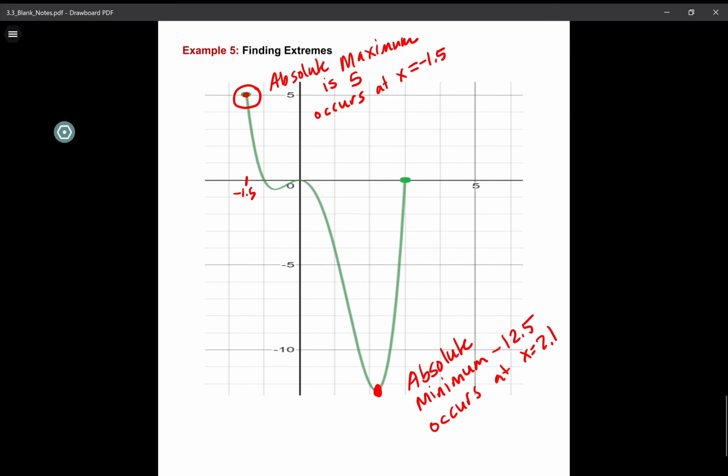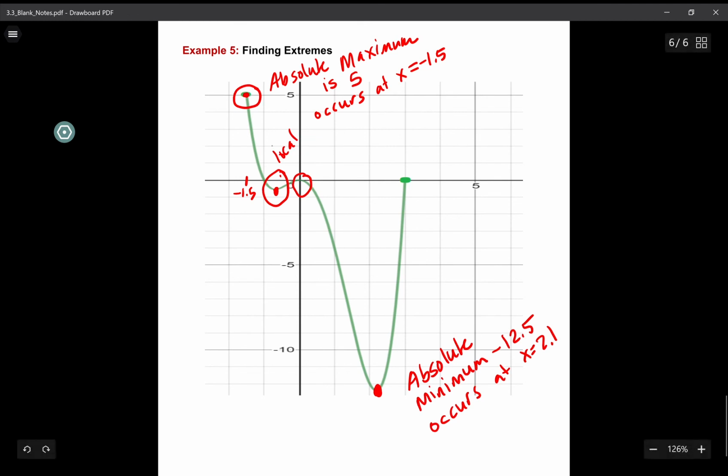All right, what about local maximums and local minimums? Is there a spot where it goes from increasing to decreasing or decreasing to increasing? Well, here's one. Right here at this point, it goes from decreasing, it was going down, to increasing. So that's a local min.